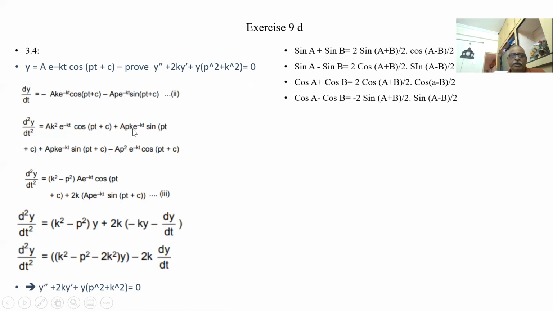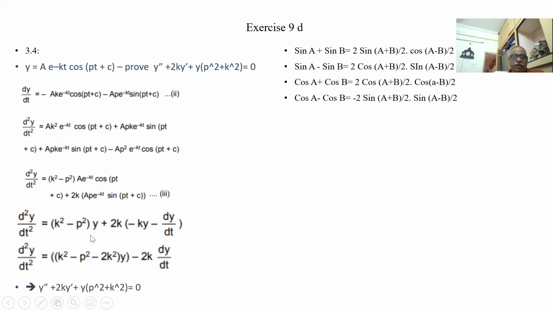This is a p k e^(-kt) sin(pt + c), which is nothing but minus ky. This is also coming here as minus dy by dt, which goes to the other side. So against this I am putting minus ky minus dy by dt. When I simplify, I get the required answer.